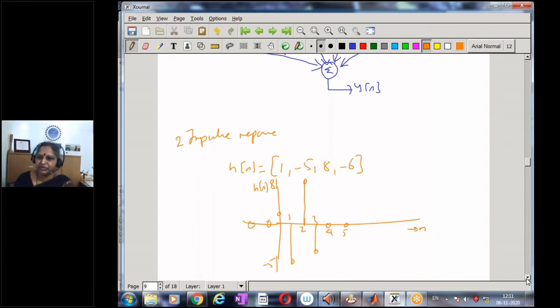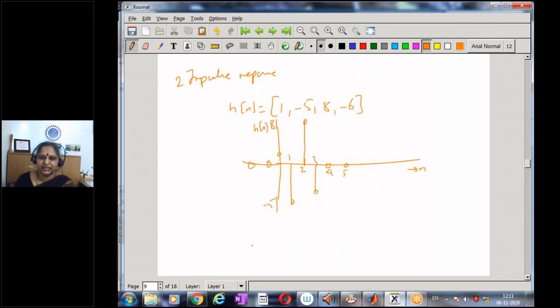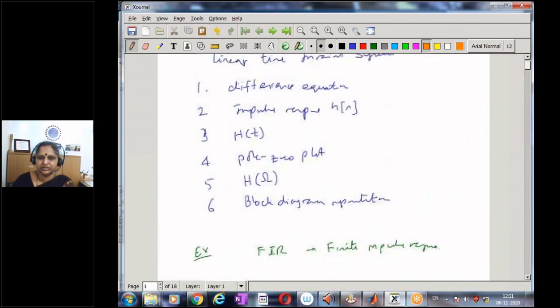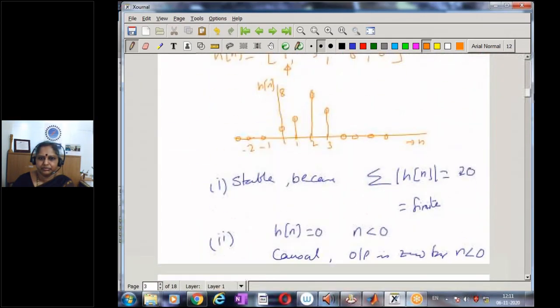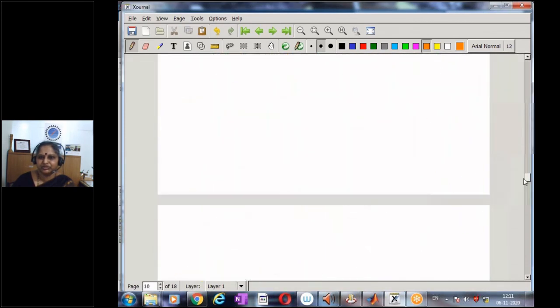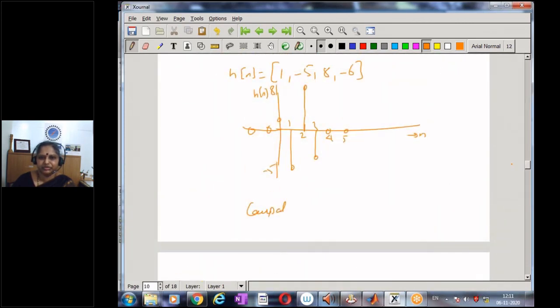Once again, by looking at the impulse response, I can comment on certain properties. One, it is causal, because the system is causal and the output is 0 for n less than 0.